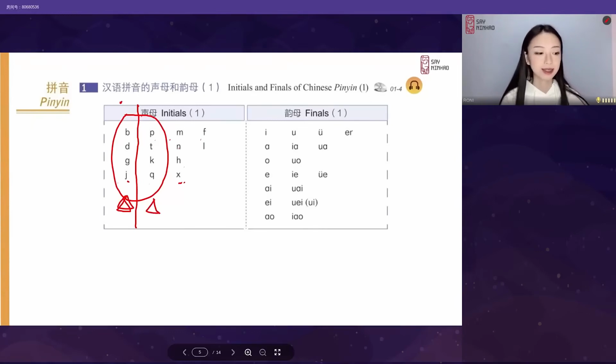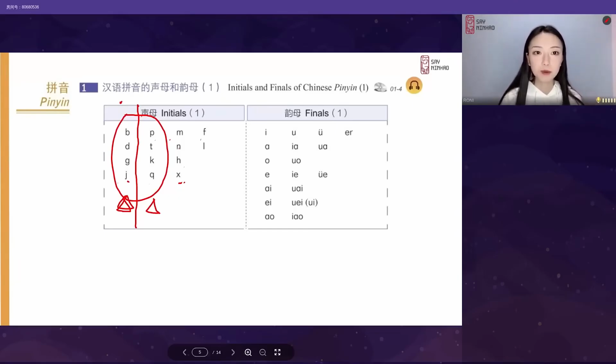What does this mean? You can try to put your hand or a tissue or paper in front of your mouth and try to pronounce bo and po. You can feel the air coming out of your mouth is different. For bo, you can feel the air is soft, but for po, the air is much stronger.